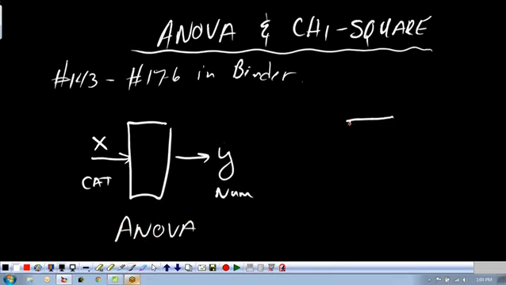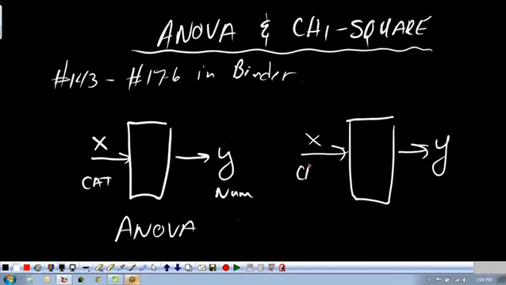And the chi-squared setting is just as you would think. It extends, so this is means for more than two groups. And the chi-squared setting is going to extend proportions. So that will be when we have an output Y and input X, where the input X is a category, but also the output Y is a category. Now, it doesn't have to be, and often with these situations, it's not so much input and output, it's really just two variables.